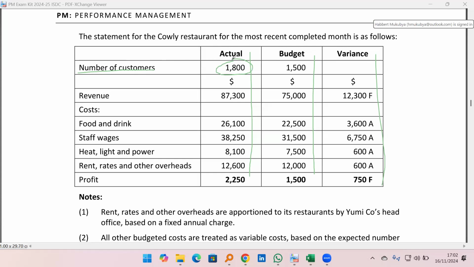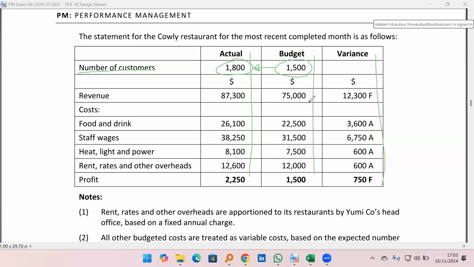Because flexing budgets is done for different activity levels. If you plan, and I think this is a question you asked me before, if you plan for 1,500 customers and then you end up having 1,800 customers, then everything you have planned is going to be different from the actuals, because revenue depends on how many customers buy. It will have a difference, even if the selling price did not change. Cost of sales, the same thing.